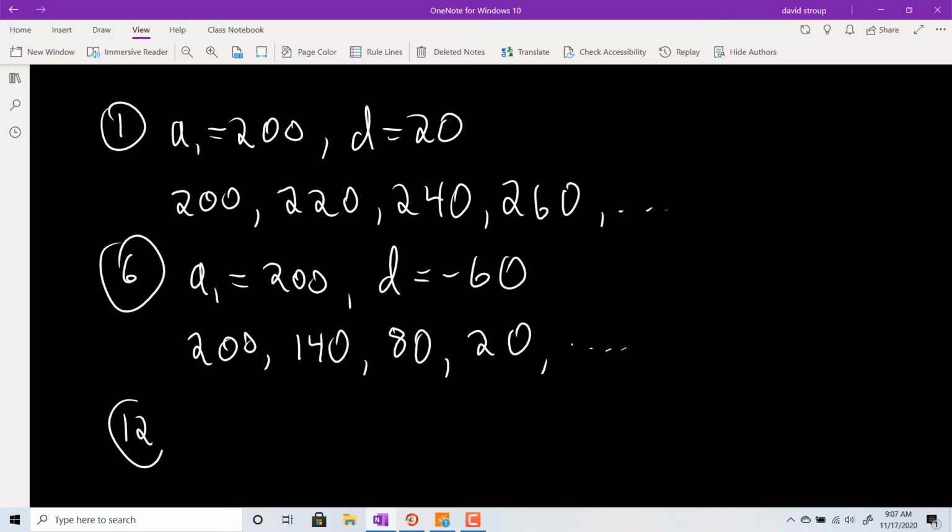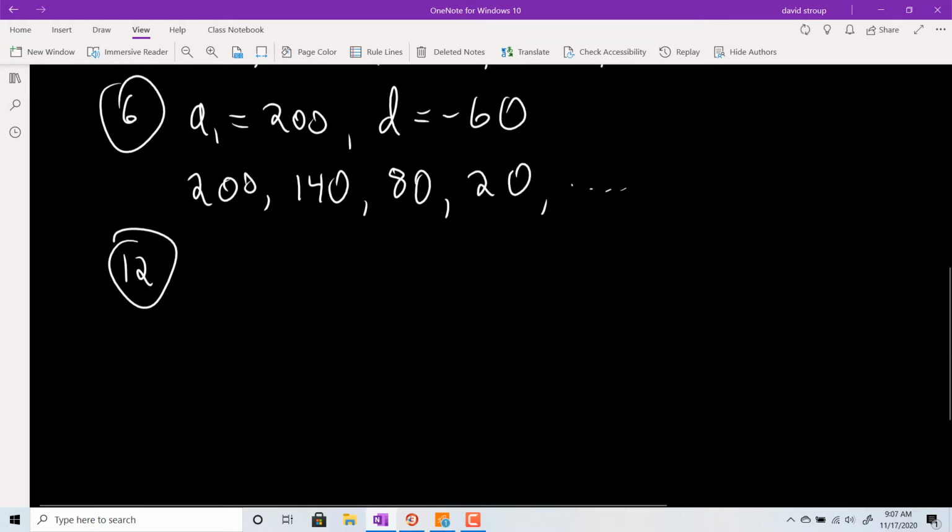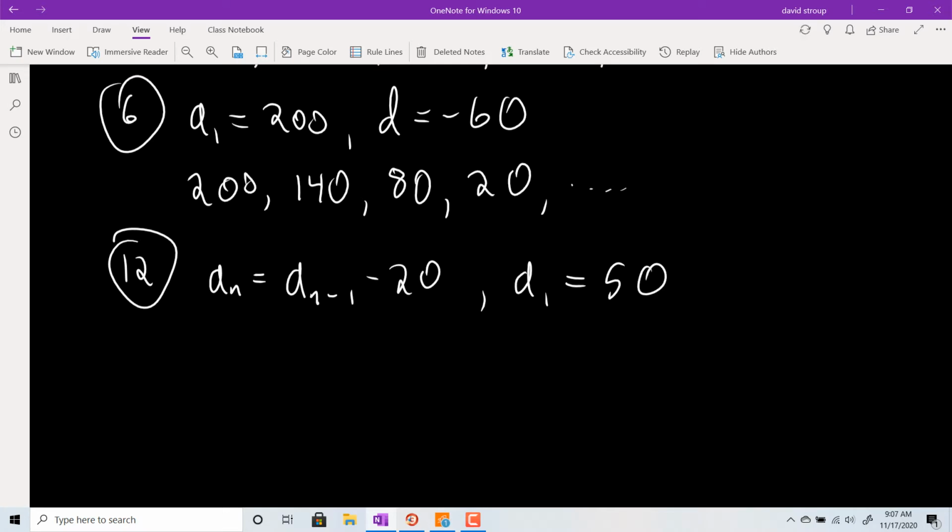Let's look at one last one. I think we got it, but let's look at one last one. So this is a sub n equals a sub n minus 1 minus 20, with a sub 1 given as 50. So this time it's written in our recursive definition form, and we don't necessarily have the D value, but the D value is right here.